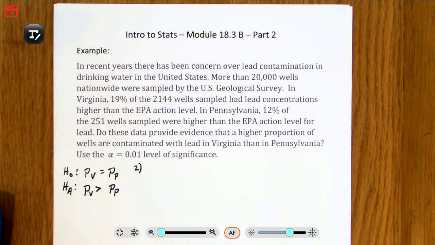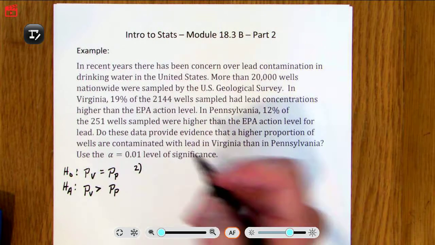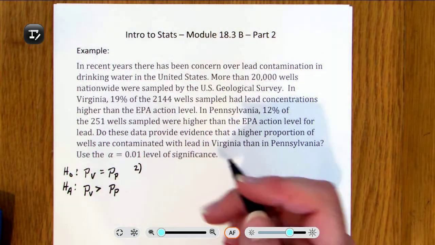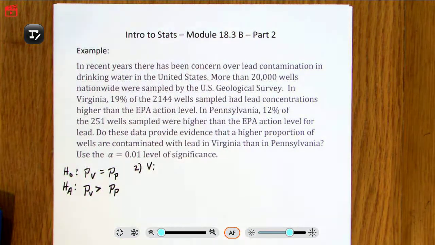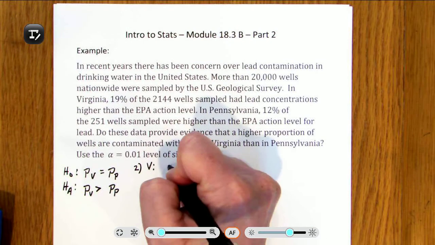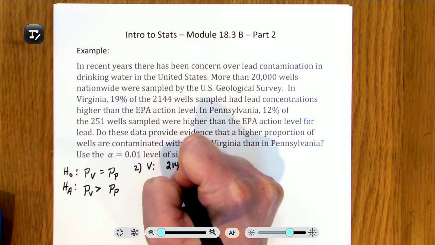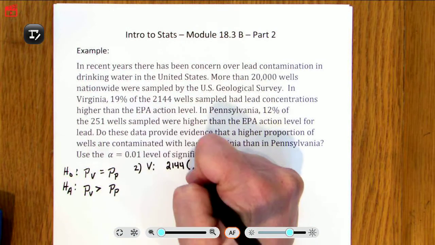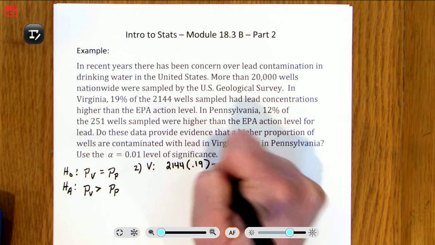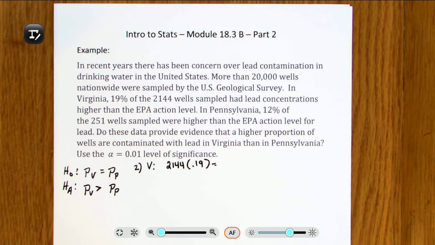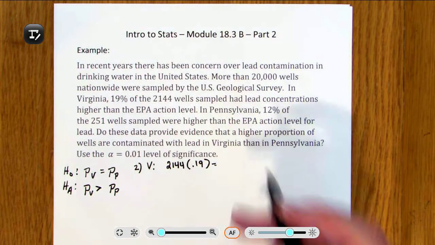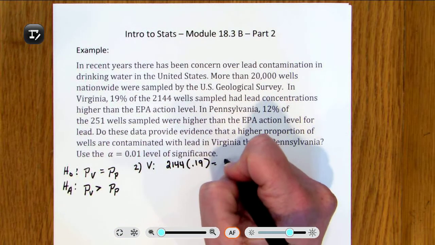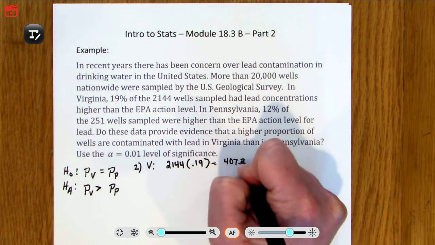Step 2 is to do those n pieces, that n times p1 and that n times p2. So if I'm looking at Virginia, I'm just going to put a V for Virginia. We're going to take that n, which is 2144, multiply it by our 0.19, and I come up with 407.36.